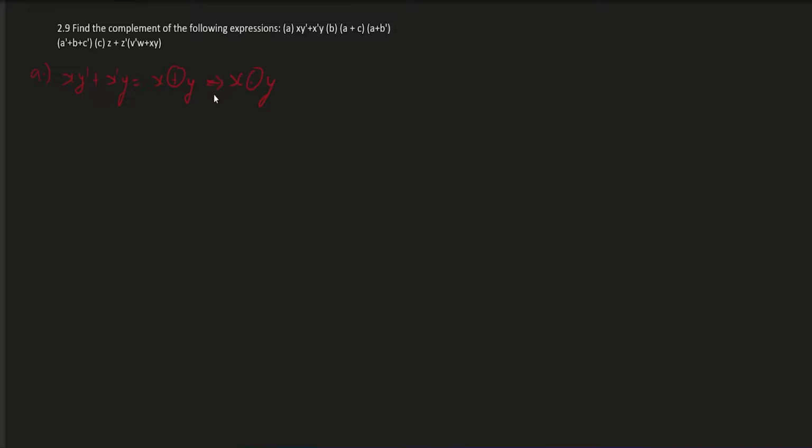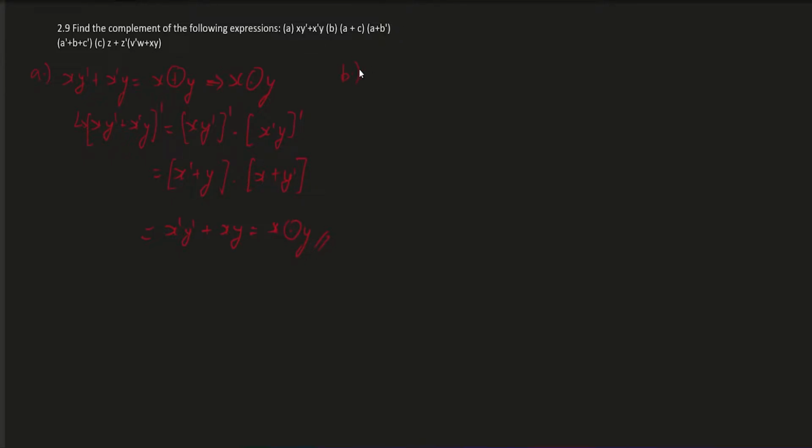But we can also prove it: x bar y the whole bar, taking De Morgan's theorem, multiplied by, then again taking De Morgan's theorem we will have x bar plus y bar whole bar, y into x bar is x plus y bar. Multiplying it inside, x bar y bar will be 0, we have x bar y bar xy and y bar will be 0. So this is nothing but NOR gate.